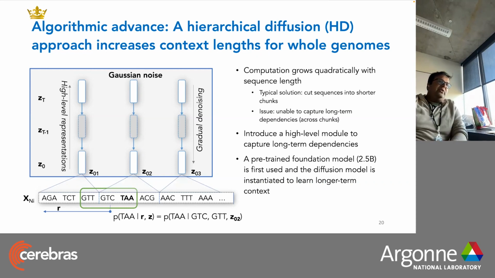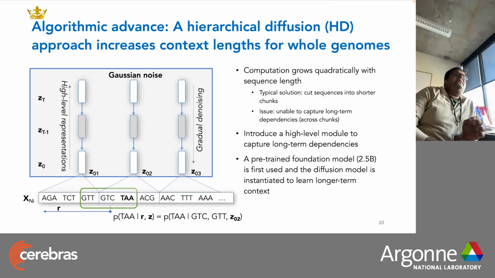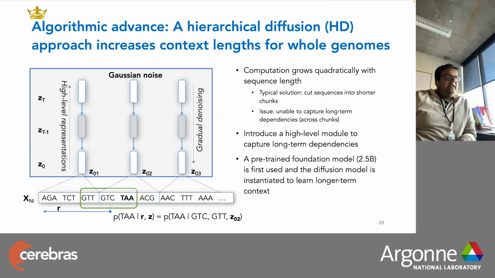So the idea was to introduce this high-level module that lets us capture these longer-term dependencies using the diffusion approach, which is a neat idea that you could use for distinguishing something that is real versus unreal, and then use that to denoise the data and get more insights into how we train those models.